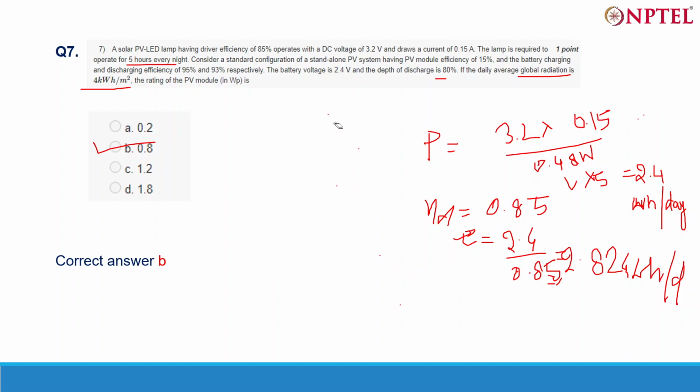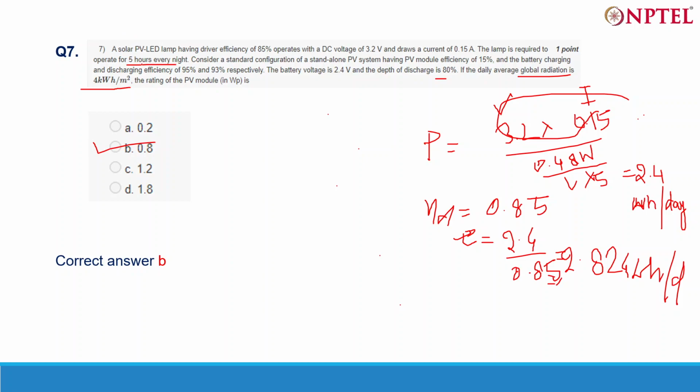In this one you don't need to put an energy balance equation. What I did here is simply calculate the power of the lamp. The power of the lamp is basically 3.2 into V into I. Then we have this 0.48 watt, which is actually consumed in 1 hour.